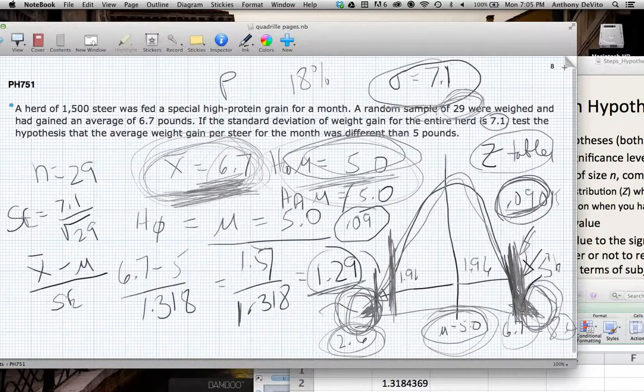Like how many standard deviations apart is the value 5 and the value 6.7, right? It turns out that it's 1.29 standard deviations apart. So you want to look up a Z-score of 1.29. If you look up a Z-score of 1.29, you'll see that it says 9%, right? So the probability of getting that extreme a value, that different a value, or going that far out on the tail of the normal distribution is 9%.